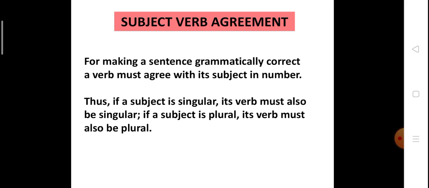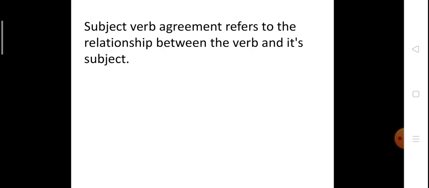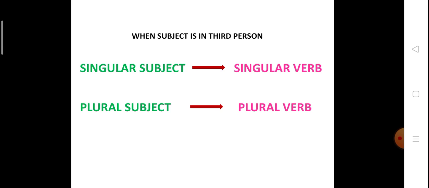If a subject is singular, its verb must also be singular. If a subject is plural, its verb must also be plural. So here you can see singular subject should have singular verb, plural subject should have plural verb.